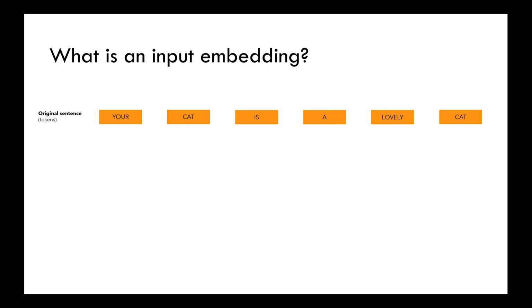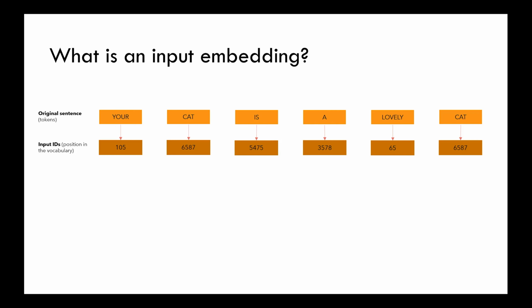This vocabulary has one position for each of the words. For example, the word your will be in position 105 in the vocabulary. The word cat, maybe it's in position 6587. These are called input IDs. So for each word, we find the position of the word in the vocabulary.